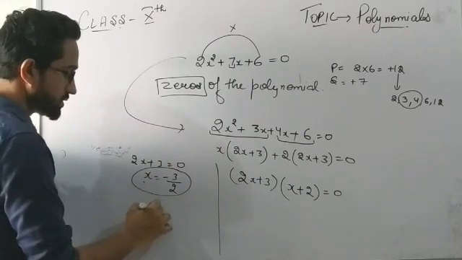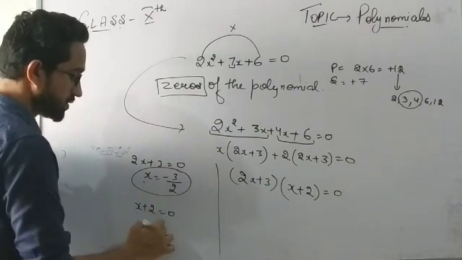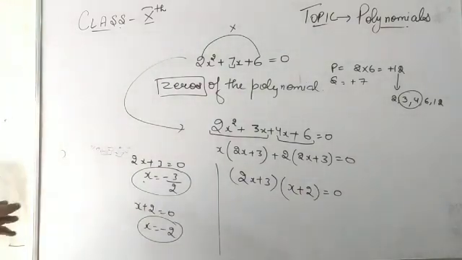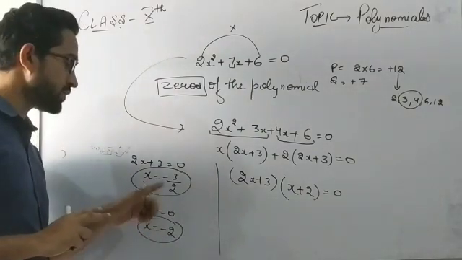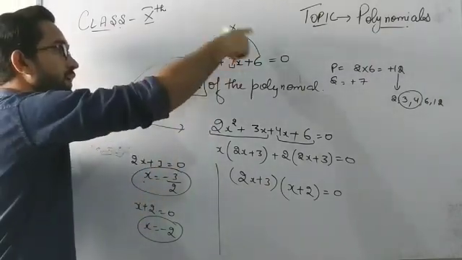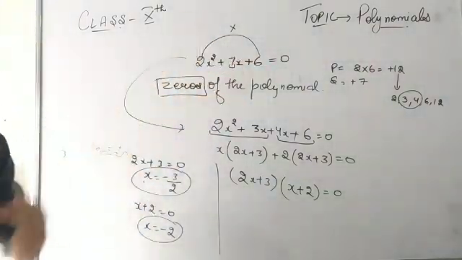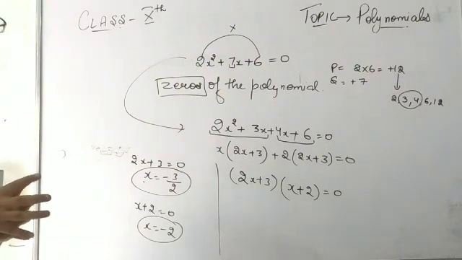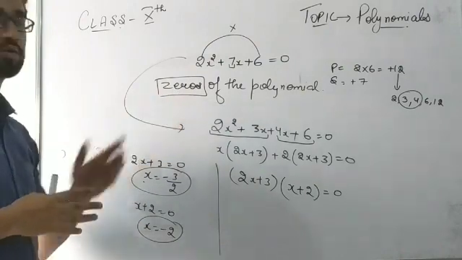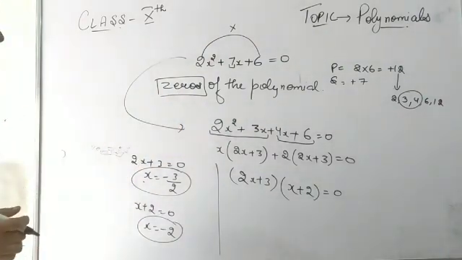Similarly, x plus 2 is equal to 0, so x is equal to minus 2. So x can have two values, that is minus 2 and minus 3 by 2, for which our quadratic polynomial will become 0. Okay. So this was about finding the zeros of the polynomial.